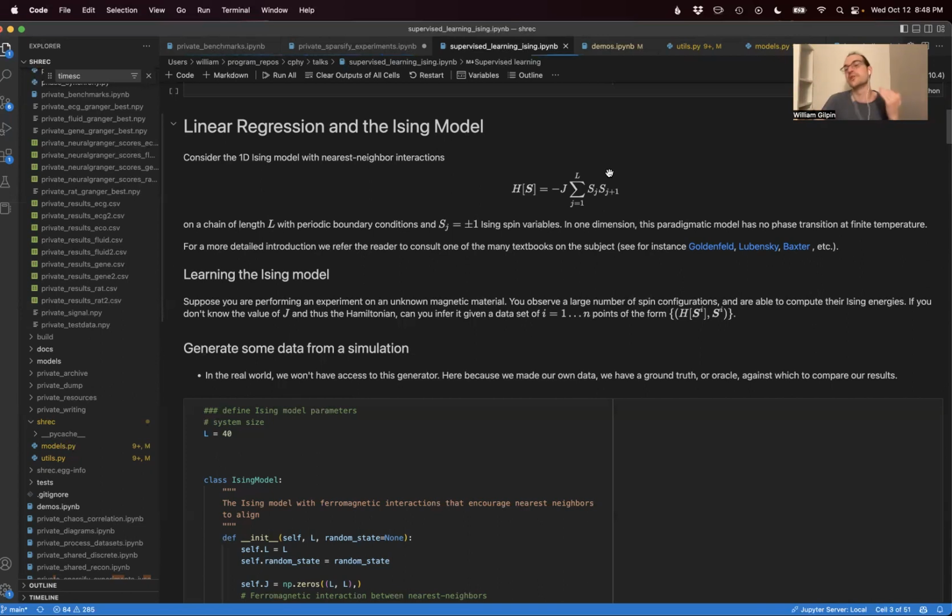And I want to find some general purpose function such that if I was given some new data point I hadn't seen before, some new microstate, I could then predict that energy from my model that I've learned on all these snapshots I've been given. So can we effectively learn this functional relationship just given snapshots of the spins and the energies?